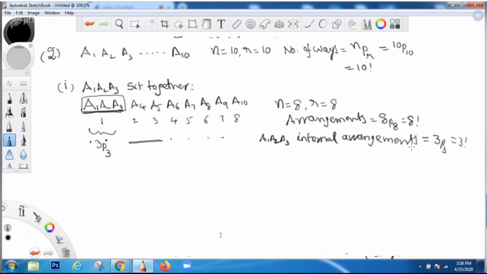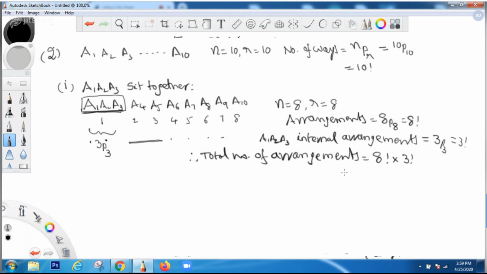So we have to do this as well as this. Therefore, total number of arrangements is equal to what, do we multiply or add?